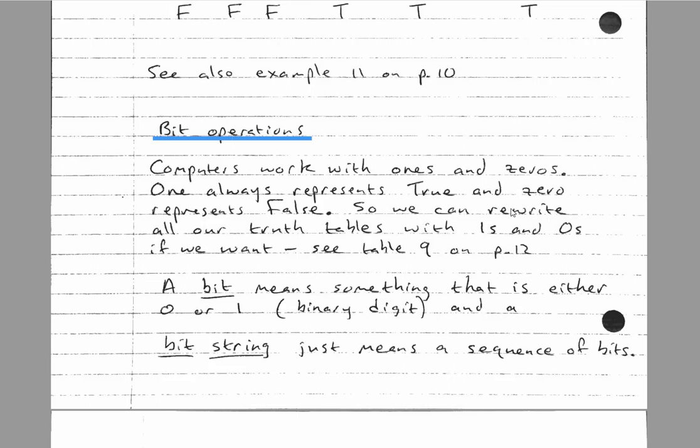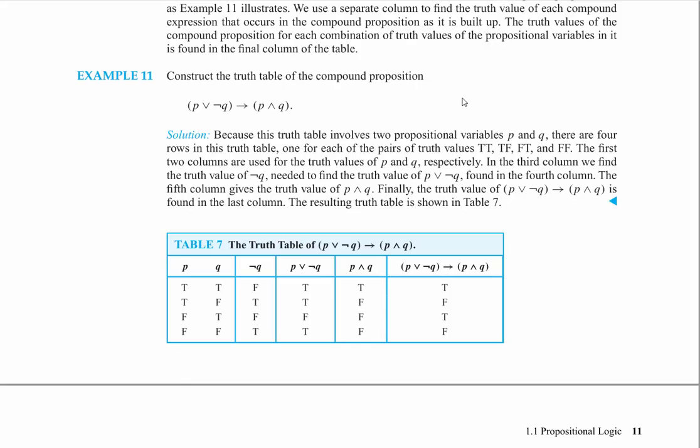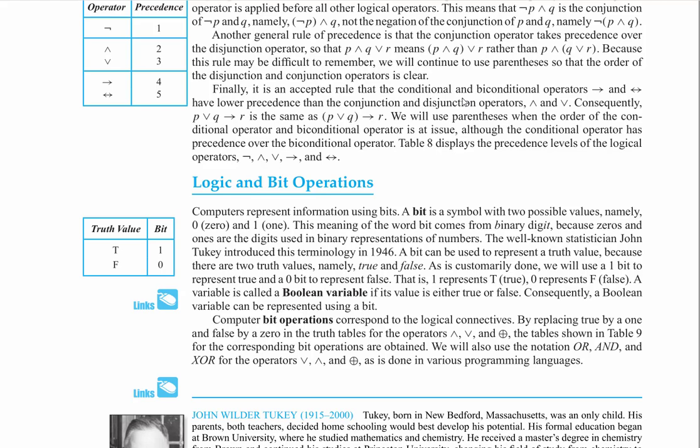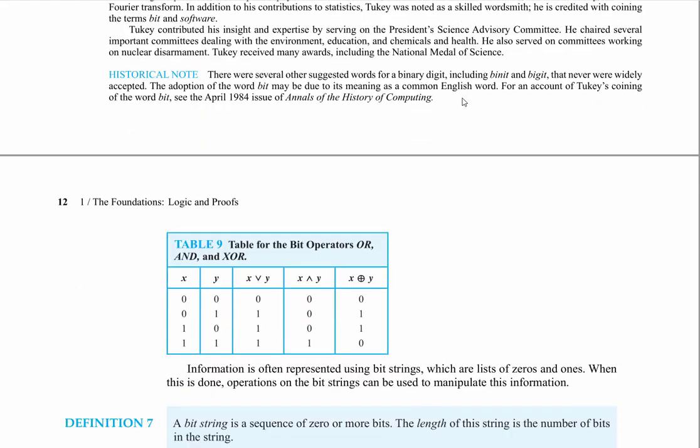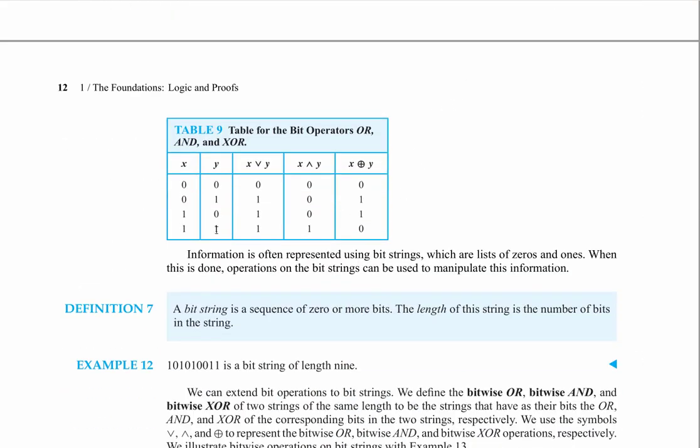So instead of true and false, we can think of ones and zeros. So we could rewrite all our tables with zeros and ones.